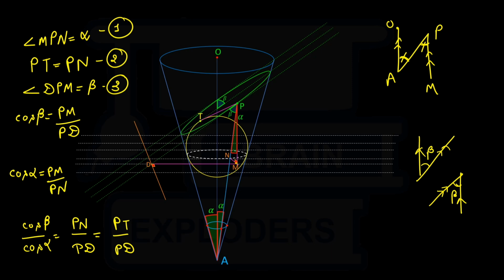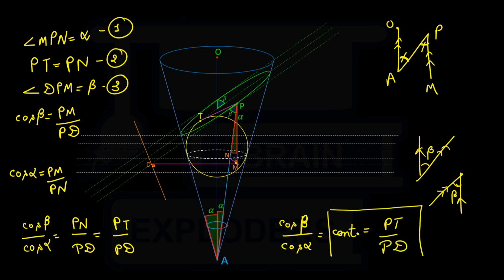And since on changing the position of P, beta and alpha are not changing, we can say that cos beta upon cos alpha is a constant, and we have already found that it is equal to PT upon PD. So we found that PT upon PD is constant.